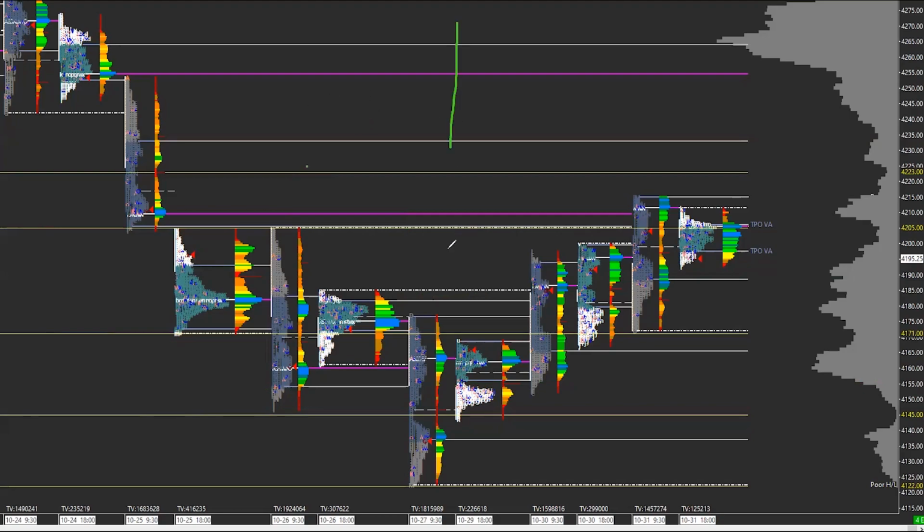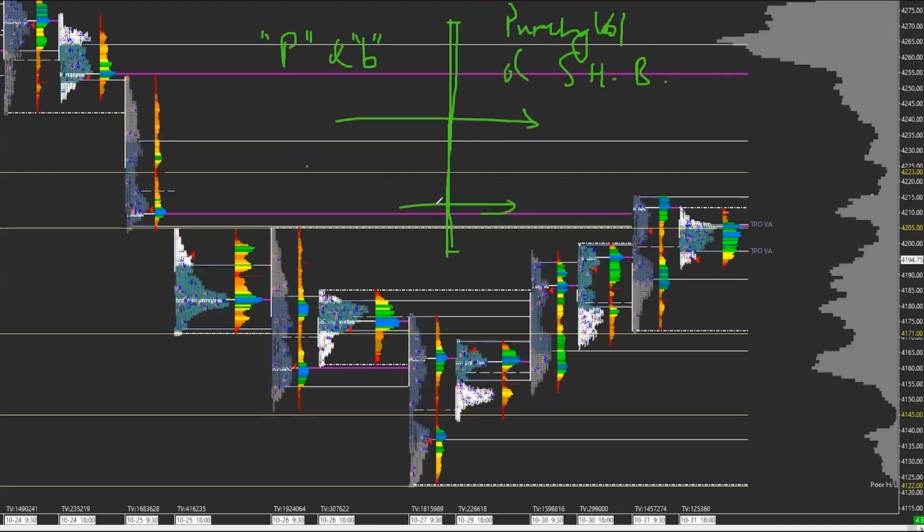We can split this into two different distinctions in terms of market reversals. Number one, purely volume based and strong-handed trader based, and then two, P and B shape profiles. And then the best is going to be adding them together to create this massive confluence.